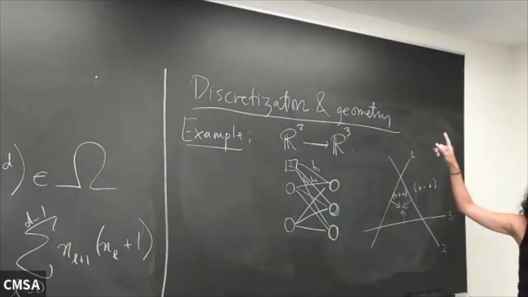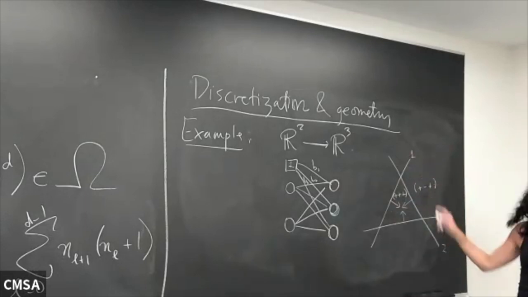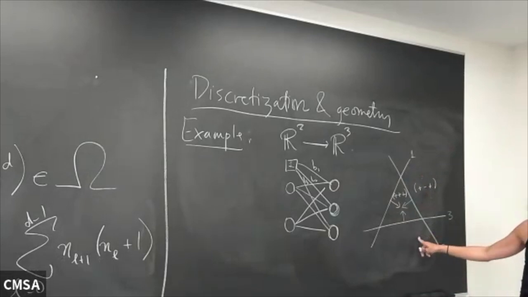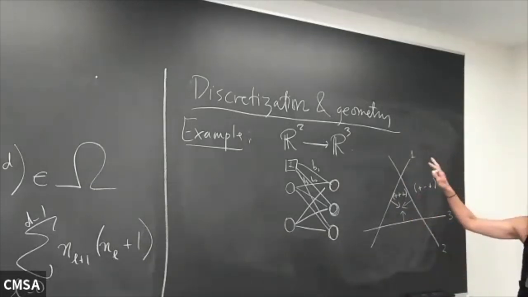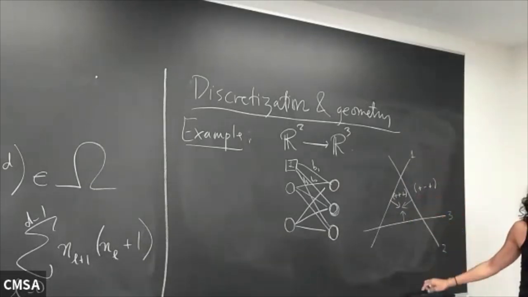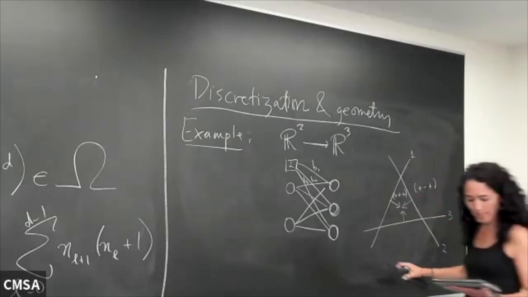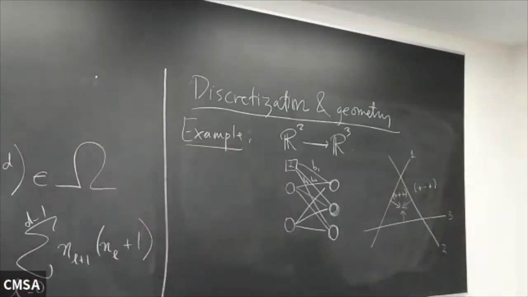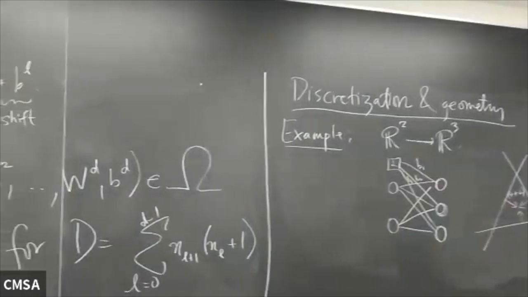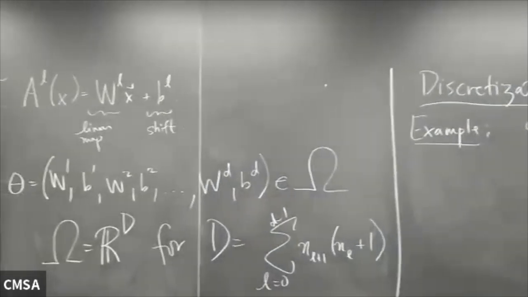And you can go on that way and write down binary tuples for all the regions. Okay, so this is a discretization of this neural network. And in essence, what we're doing is replacing the ReLU activation with just the sign.